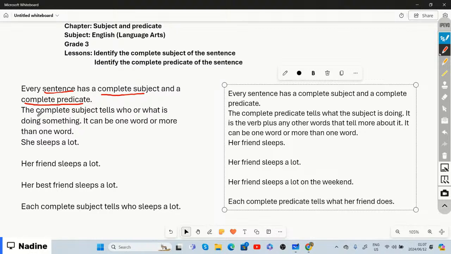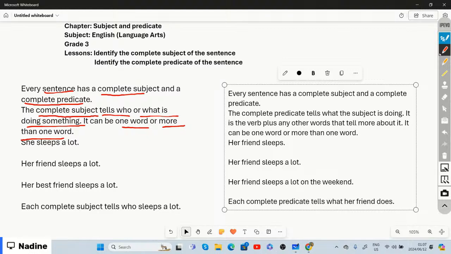The complete subject of any sentence will tell you who or what is doing something. It can be one word or it can be more than one word. So the complete subject tells us either who is doing something or what is doing something.